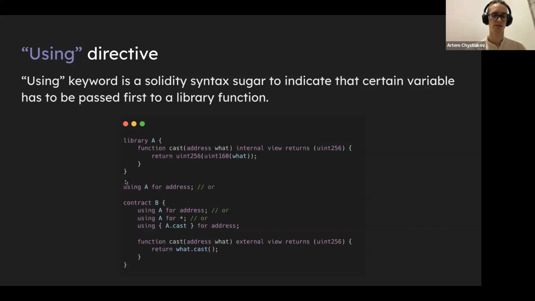And here I list 4 examples of how to use the using directive. The first one is here, which is defined in the global file scope, not in the contract scope. So the compiler will understand that the first variable of type address has to be passed to this function when called.